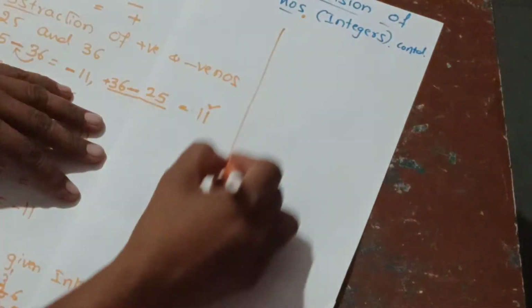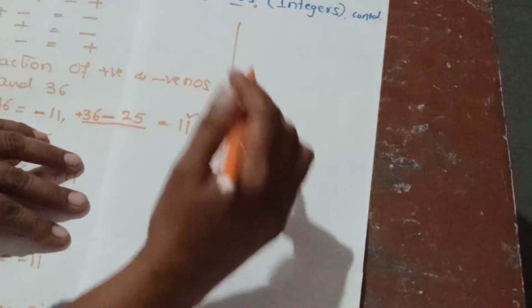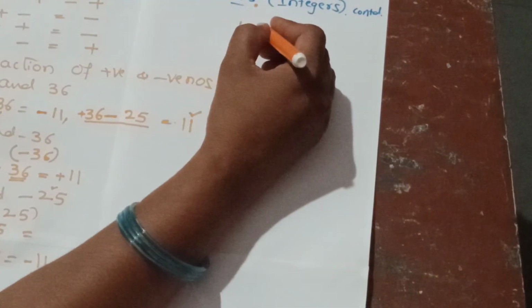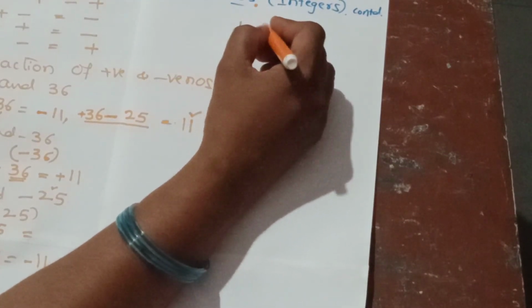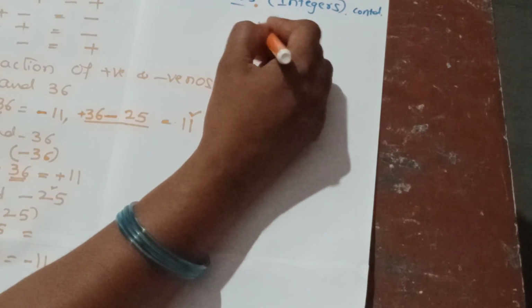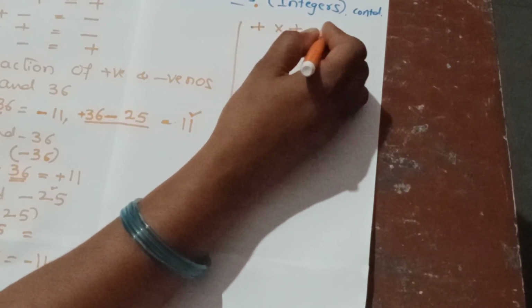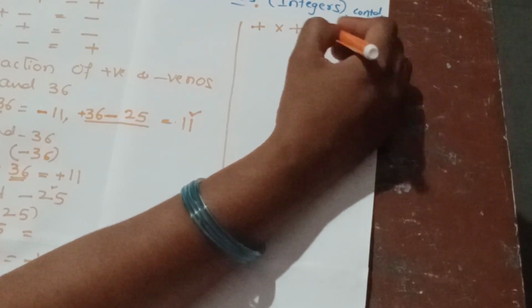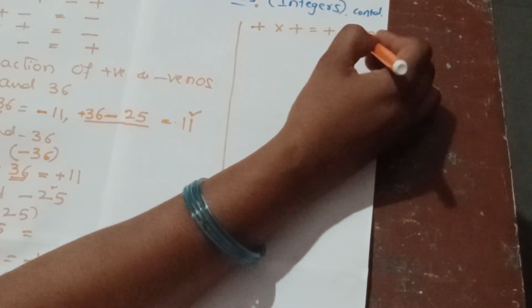So let me repeat this one. This multiplication is very simple compared to addition and subtraction. Let me conclude once again with this one. So plus into plus, you are getting plus sign in the multiplication of two positive numbers.